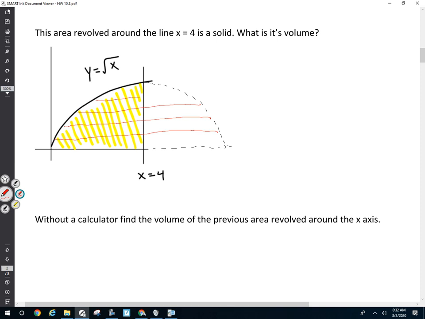Notice a vertical axis means I need to use horizontal rectangles. Now, what is my radius? I could go from all the way over here to the middle, but I don't know what this equation is. I do know what this equation is. This is y equals root x. So here to here is my radius. Here to here is my radius. So that's an x distance. That's a width.